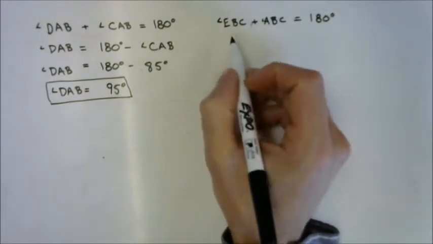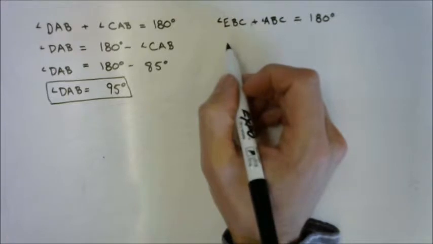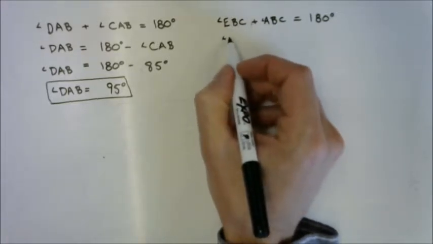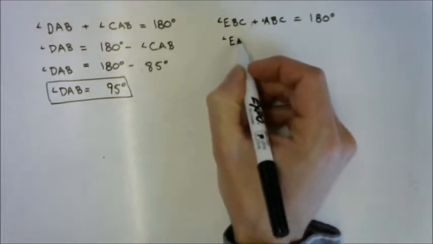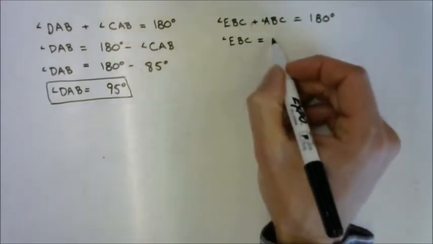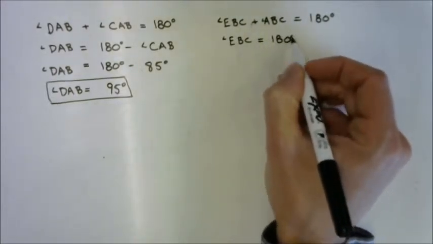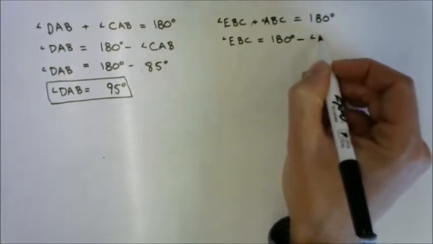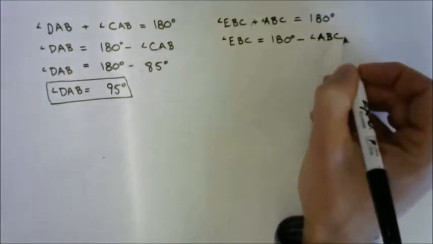What do I need to do to get EBC by itself? I need to subtract ABC from both sides. If you do something to one side, you do the exact same thing to the other side. So get used to explaining it that way.